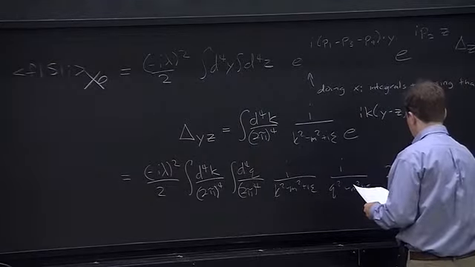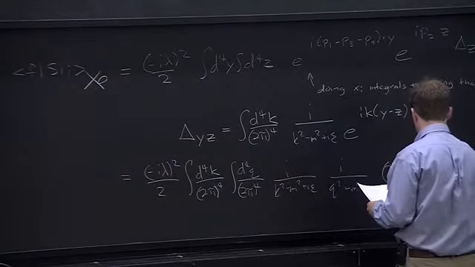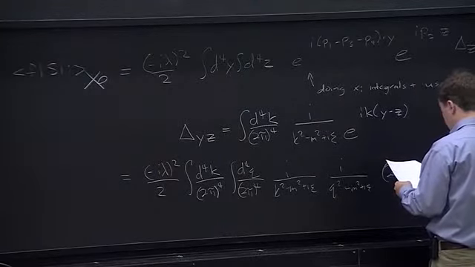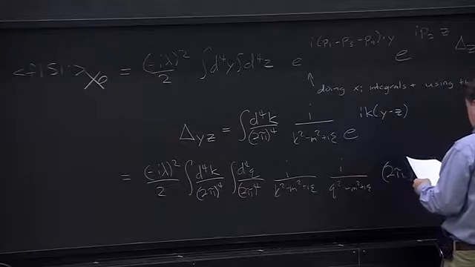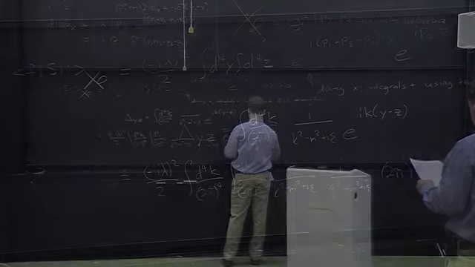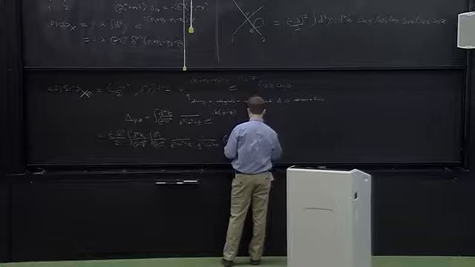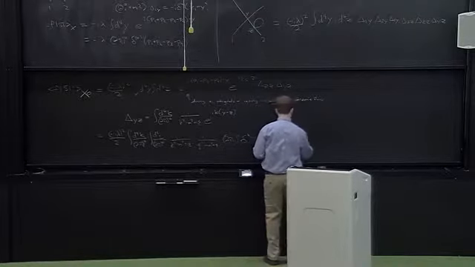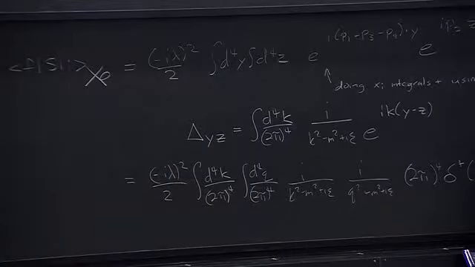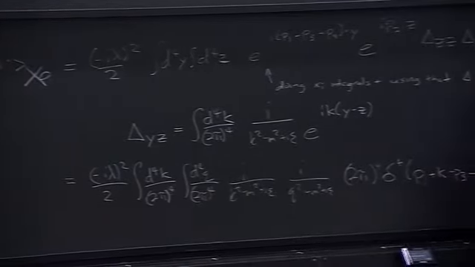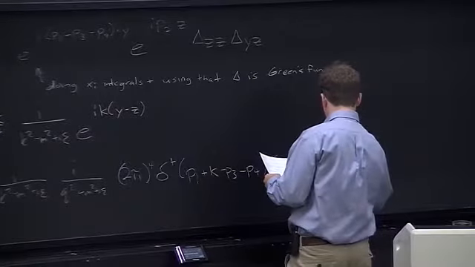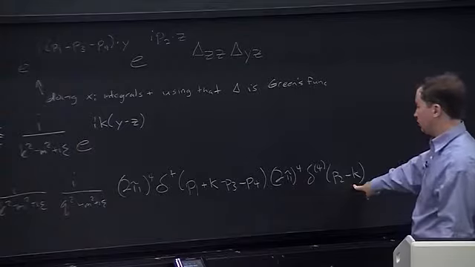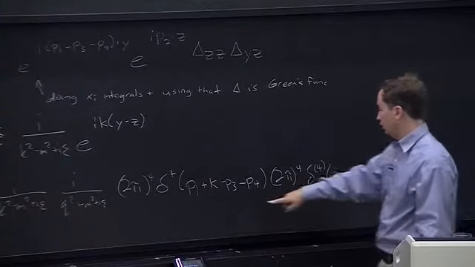And then we have delta functions that come from doing the x and y integrals. Here we've got p1 plus k minus p3 minus p4. Okay, so notice we've got a k in here.